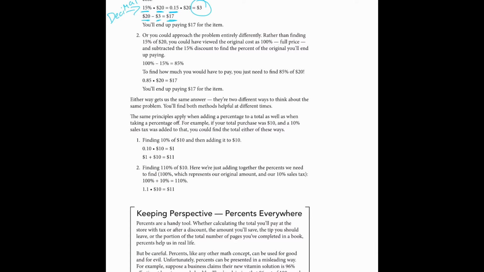Those are our steps, okay? First, we turn our percent to a decimal. Percent to decimal. All right. Then we multiply. We multiply the decimal times the amount. And then we subtract.